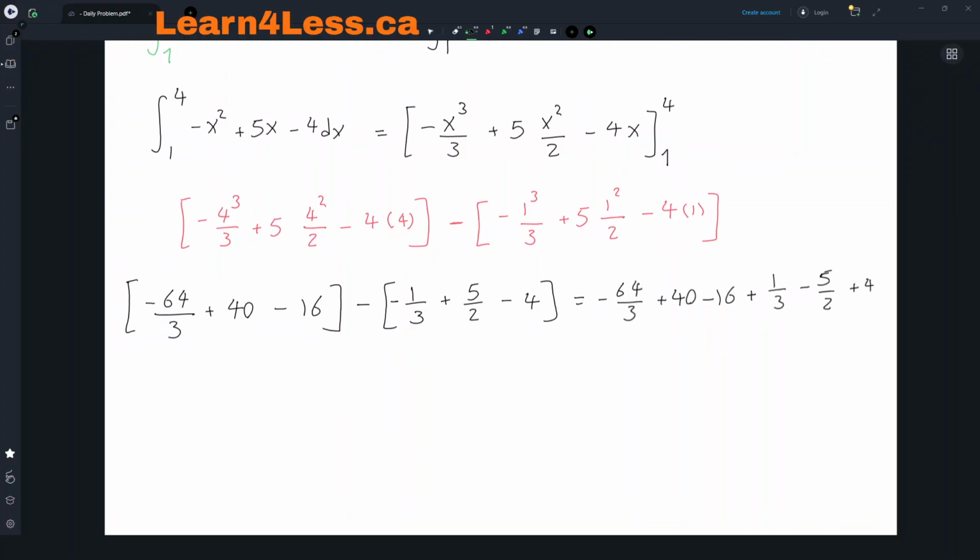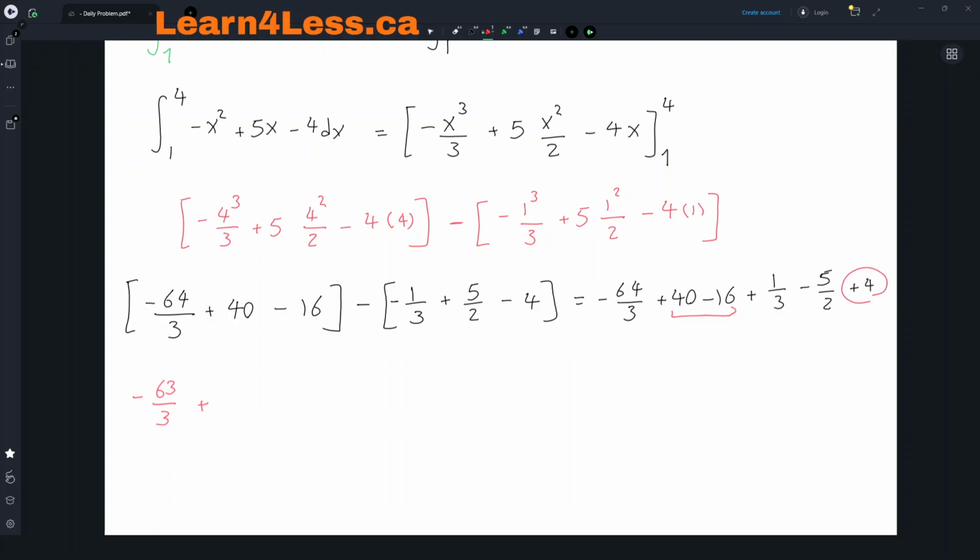So here, we can just add this one with what we have here. Negative 64 over 3 plus 1 over 3. This is negative, this is positive. Overall, it would be negative 63 over 3. Plus, we have 40 minus 16, which is 24.